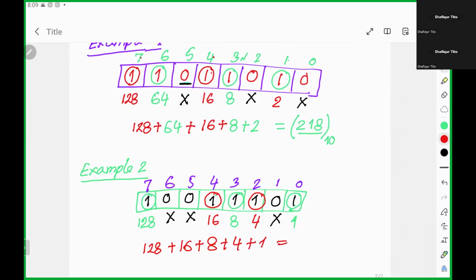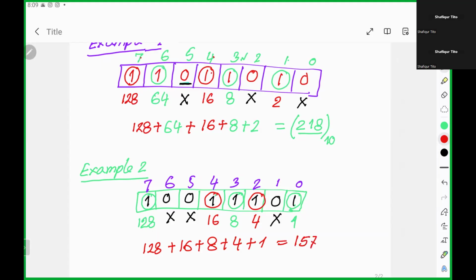So we can do the calculation: 128 plus 16 plus 8 plus 4 plus 1 gives 157.